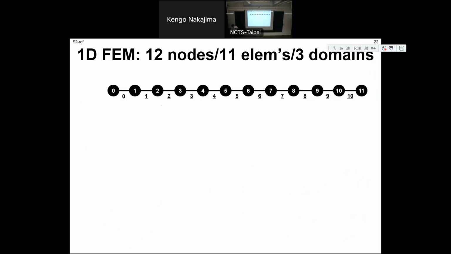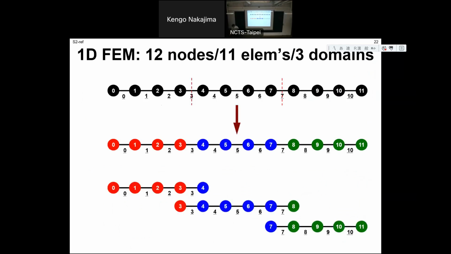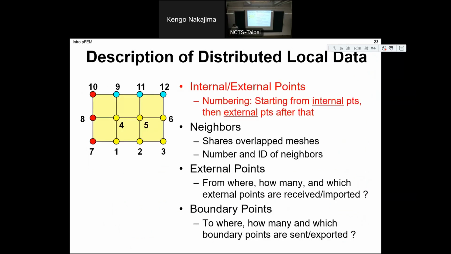Okay, so this is a 1D case. 12 nodes, 11 elements, and 3 domains. So like this way. I have shown this before many times. So this is based on the original global mesh ID. But according to the description of the distributed local data, which I mentioned yesterday, we start from the internal nodes.